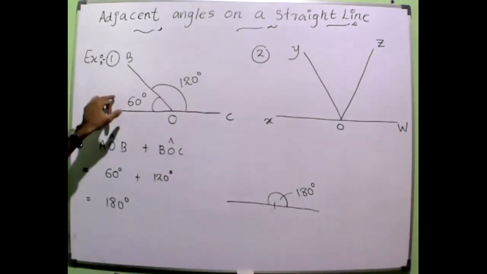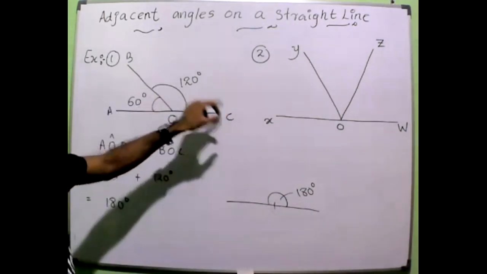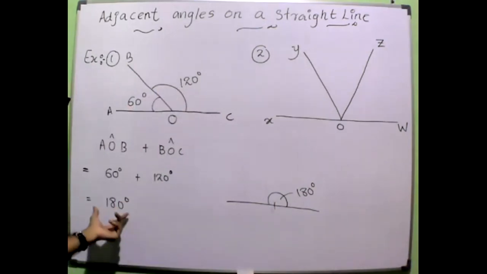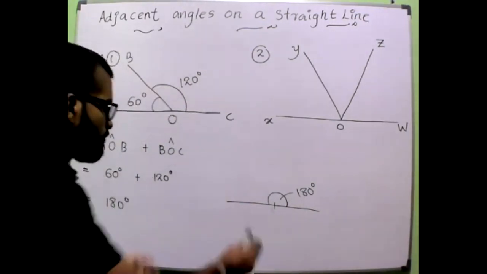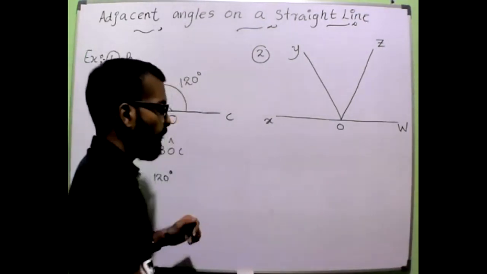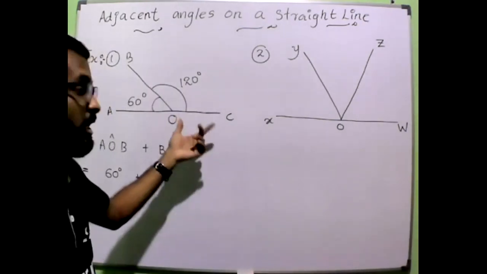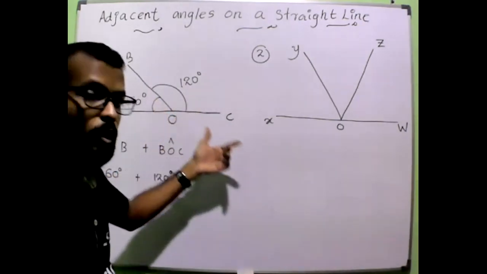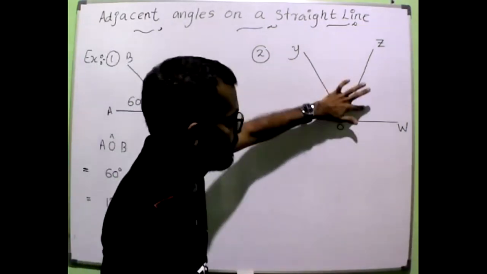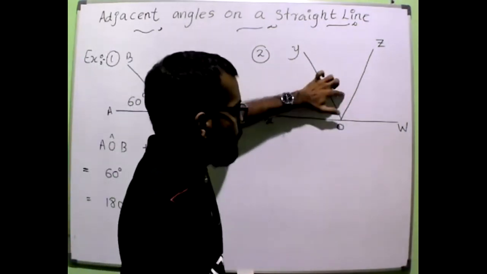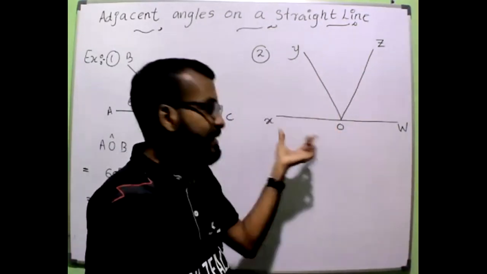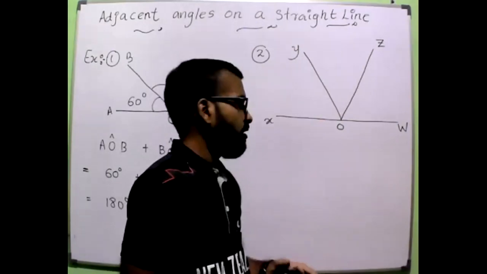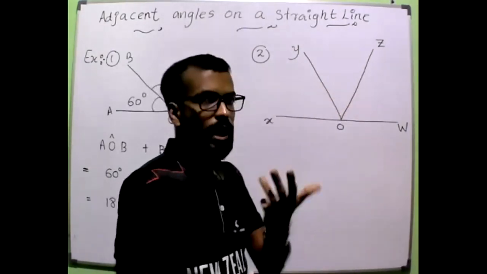Now here, if you add AOB and BOC together, you can get a 180-degree angle. That means straight angle. Whatever the number of adjacent angles like this, where you can find those angles on a straight line, here you have three adjacent angles.